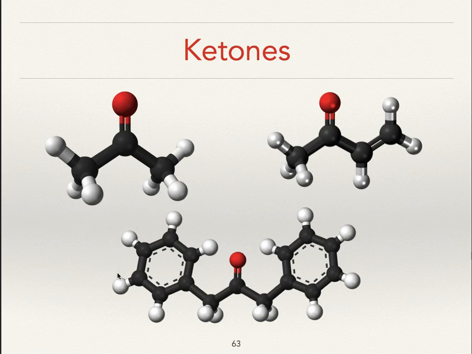In this molecule, the R group is basically a phenyl, and then here is another phenyl. Technically there's another carbon coming off of here, but these big benzene rings, when they're used as substituents, are called phenyls. Now here the molecule is not symmetrical. We've got a methyl group on one side, and then we've got this vinyl group on the other side.